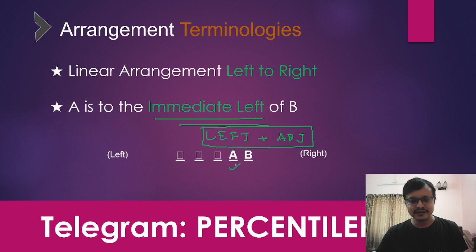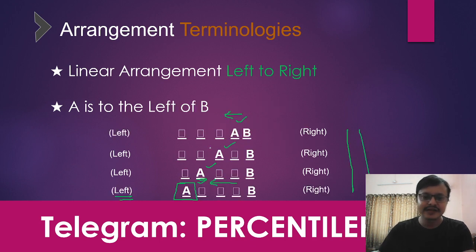Here, as you can see, A is to the left as well as adjacent to B, so both the conditions hold. Hence, A is immediate left of B would be only this portion. When this clue says A is immediate left, you get a unique position, that is, A has to be here. But had it been said only left, then A could be here or here or here or here. So all of the possibilities are there.